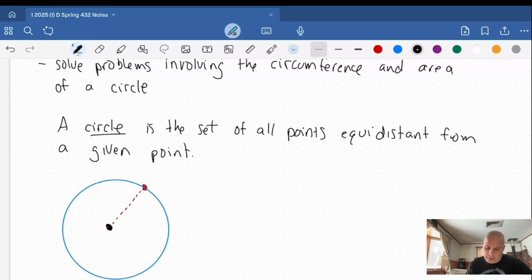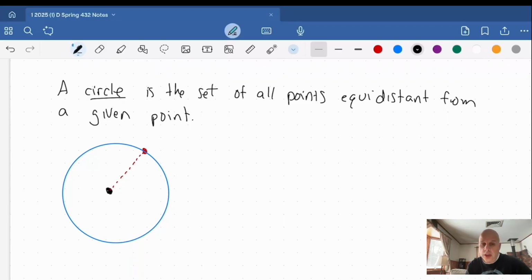All right. So let's give some definitions based upon these pieces of our circle. So the circle itself is the one that's in blue there. That is our circle. This point that is where we started our measurements from, that is the center of our circle.